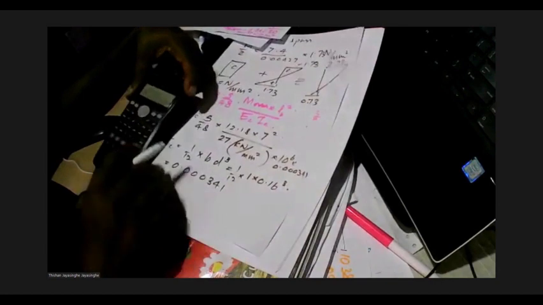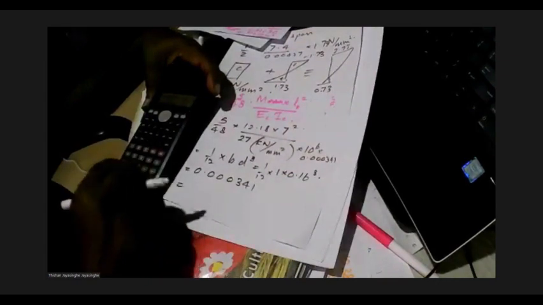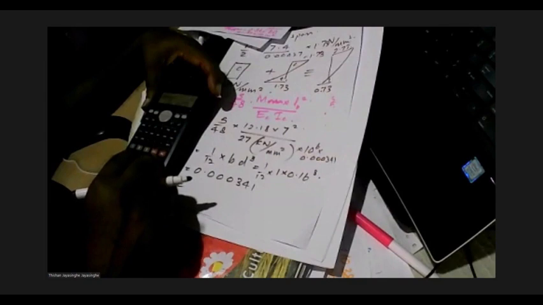Then the deflection, delta, in meters is 5 divided by 48 into 12.18 multiplied by 49, divided by 27, divided by 0.000341 to the power 6.